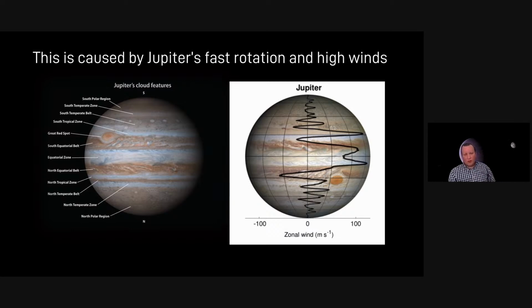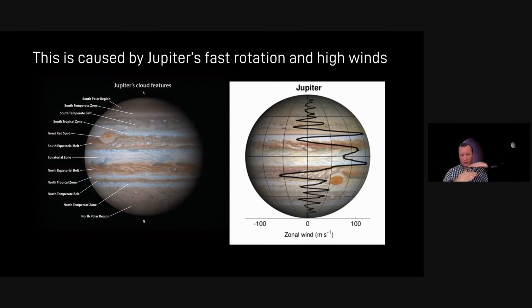right? So Jupiter's bands occur because Jupiter is rotating incredibly fast. So Jupiter takes about 10 hours to do one complete rotation. Remember, the Earth takes 24, Venus took 273 days. Jupiter does it in 10 hours. And Jupiter is 10 times larger than the Earth. So it's rotating about 20 times faster than the Earth. And so what that means is you get all these bands and you get these very strong winds.